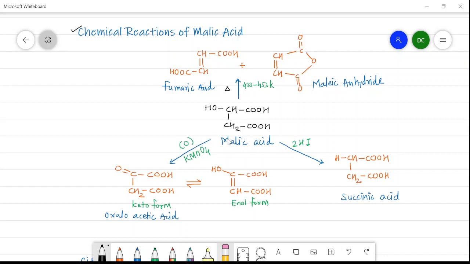So the first reaction is malic acid when it is heated at 423 to 453 Kelvin. It gives fumaric acid as well as malic anhydride.